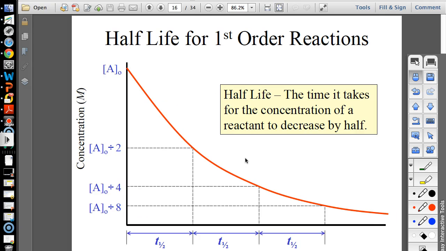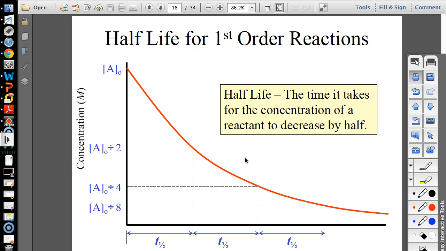So like I said, first order reactions, when you just plot their concentration, their molarity, over time, look like a radioactive decay graph. That's radioactive decay, which is a first order reaction. You're looking at uranium or whatever.